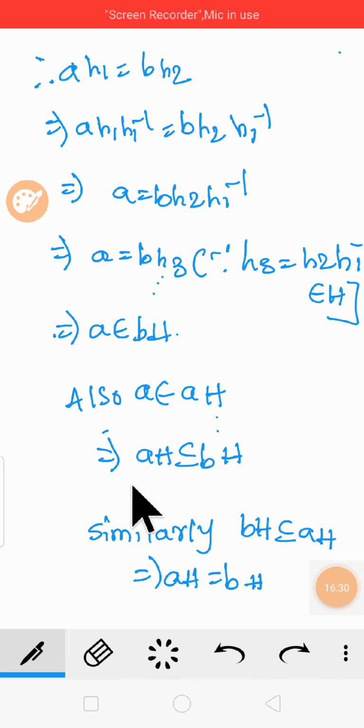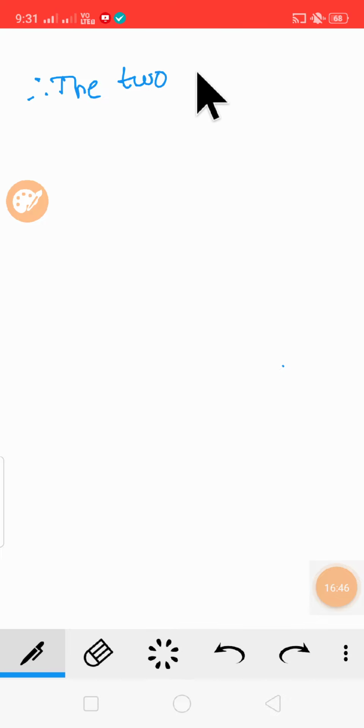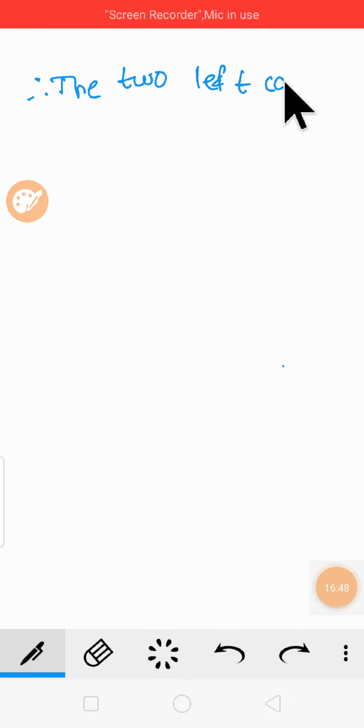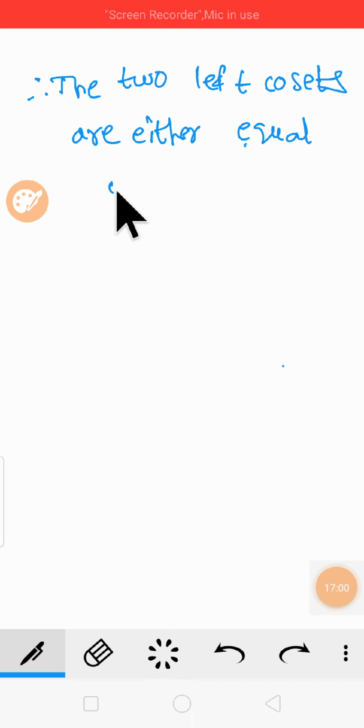Therefore aH is a subset of bH. Similarly, we have bH is a subset of aH. From these two conditions, aH equals bH. Therefore, the two left cosets are either equal or disjoint.